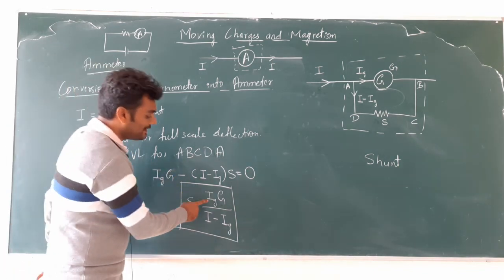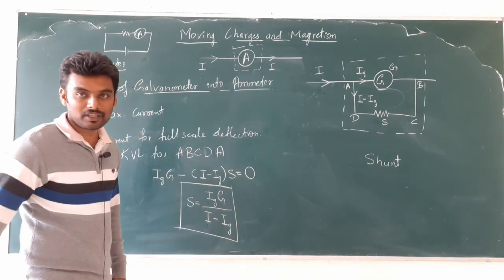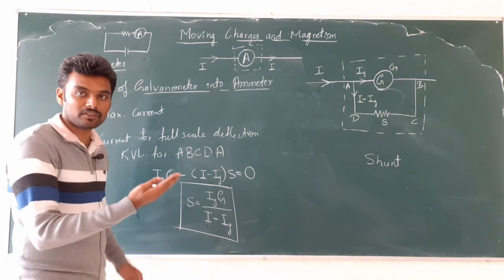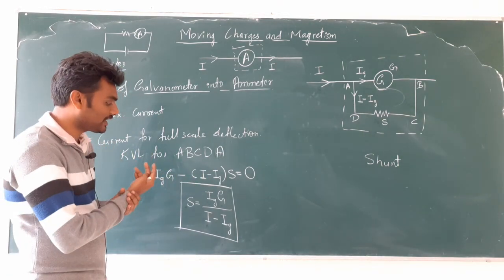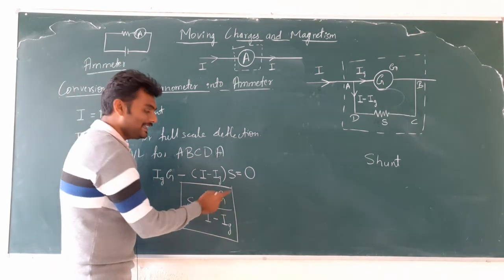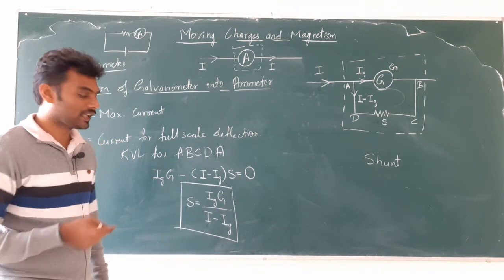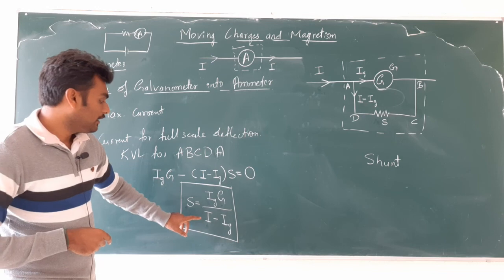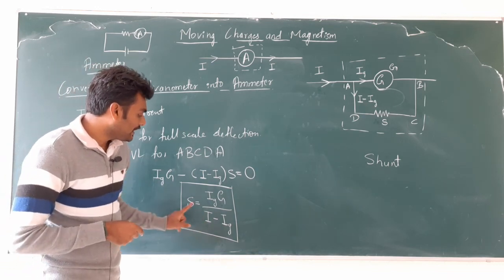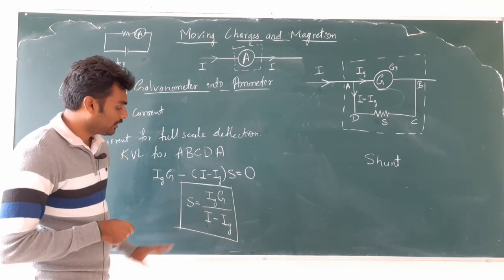So now Ig is fixed, right? For a given galvanometer, Ig is fixed, the current for which the galvanometer shows maximum deflection is fixed. G is also fixed, which is the resistance of the galvanometer. And now this value of S and I are dependent on each other.